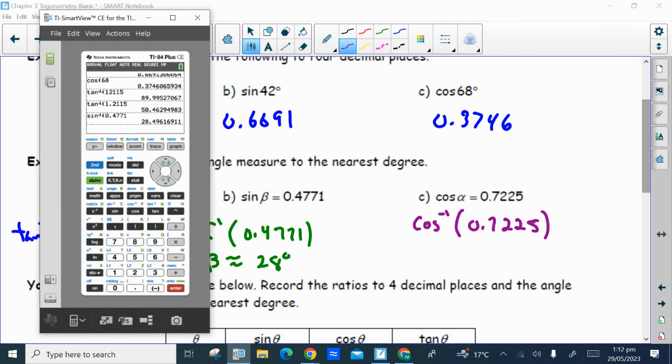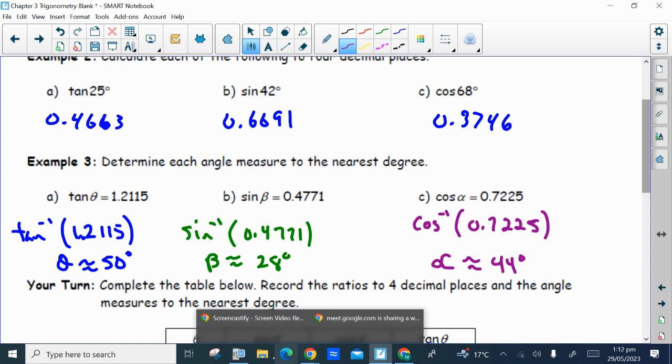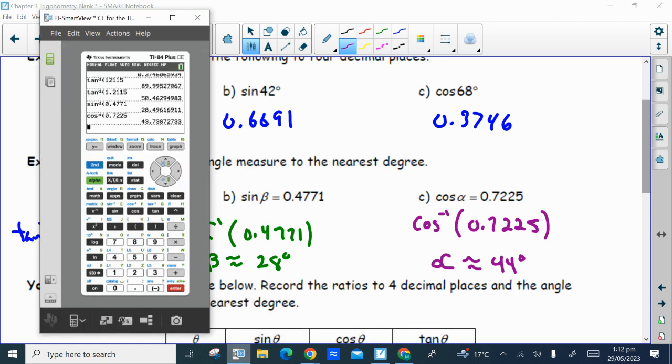So on the calculator, that's second function cos of 0.7225, which is approximately 44 degrees, if we round to the nearest degree.